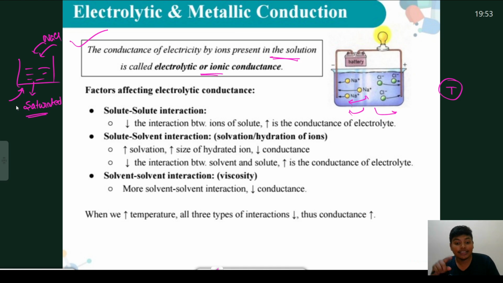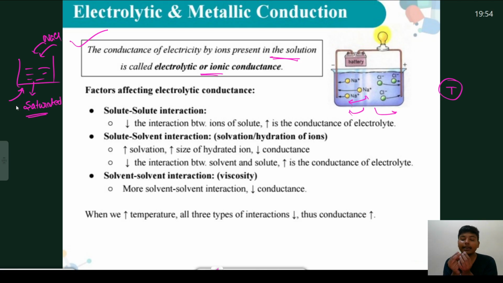So in this case, the problem of metallic conductance is gone. Like if you are using wire in your home, if temperature increases, and that's why in summertime there are more load shedding and more power cuts. Why? Because high temperature means more resistance.